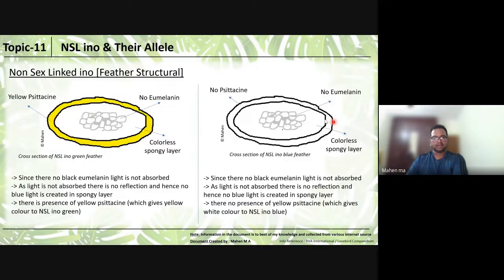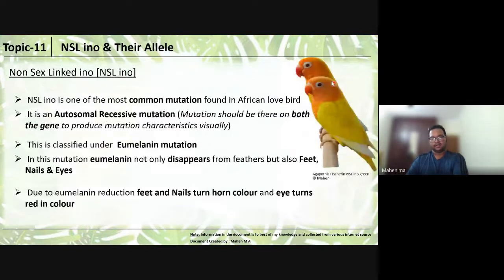Here, since the blue light is not reflected, you have only the yellow light in the feathers. So wherever there is green color, it all turns a little bit yellowish or even white. I'll tell you why white in the next diagram.